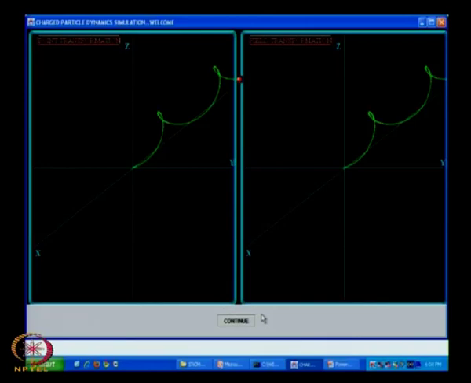Integrate F prime equal to dp prime by dt prime, and then plot r prime as a function of t prime, and at least on the yz plane the trajectories are congruent.